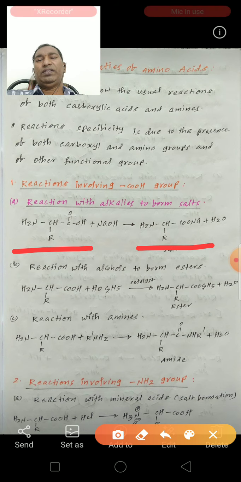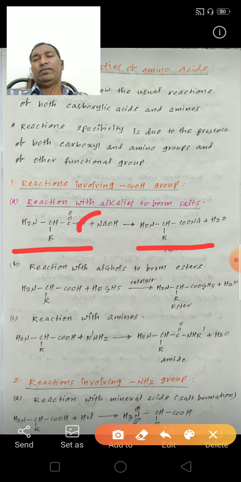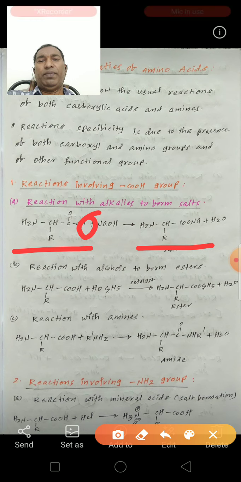So this acidic hydrogen is replaced by the Na plus ion of the base NaOH to form a sodium salt, that means a salt plus a water molecule.